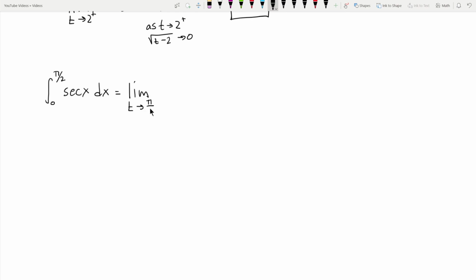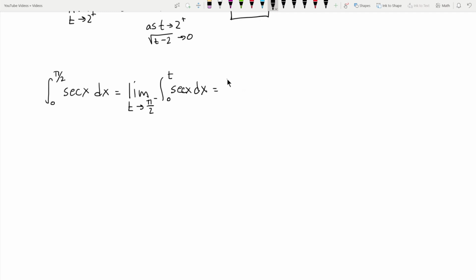If the upper bound is the asymptote, it's approaching from the left. So this is going to be 0 to t of secant x dx. The antiderivative of secant is the natural log of secant x plus tangent x.